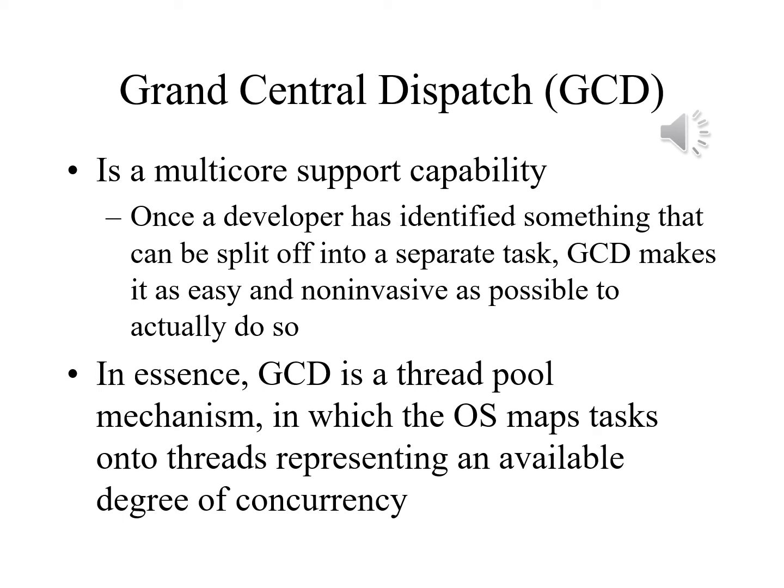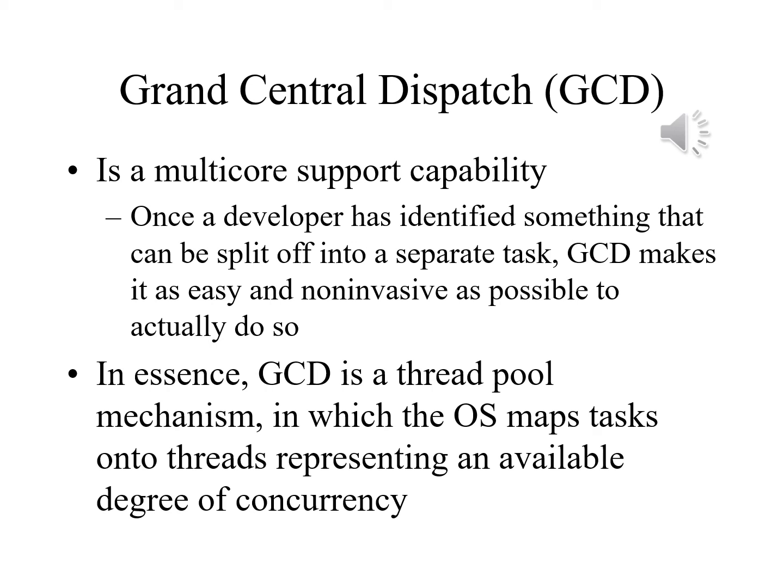One of the most effective initiatives to support developers is Grand Central Dispatch, or GCD, implemented in the latest release of the Unix-based Mac OS X and the iPhone's iOS operating system. GCD is a multi-core support capability. It does not help the developer decide how to break up a task or application into separate concurrent parts.